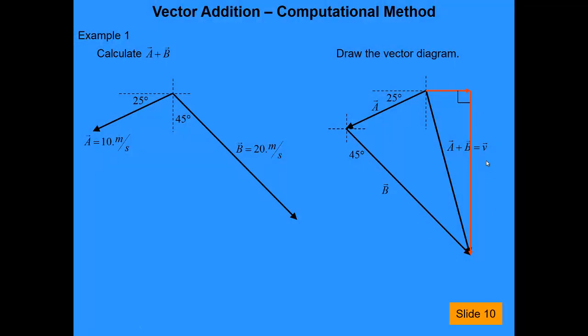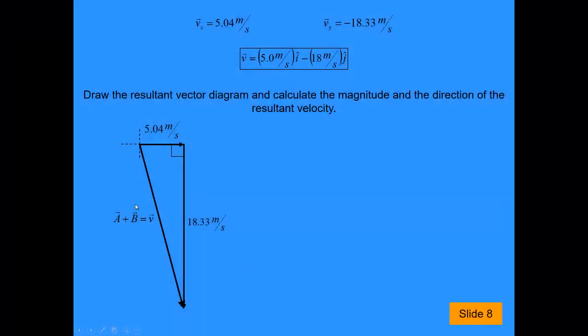Kind of like what quadrant we have and what the right triangle vector diagram should look like. So it's a good idea to draw it, right? And if you sketch it well, it should give you a good idea of what you're looking for in the end. But there's no substitute for actually breaking everything down in components, adding the x's, adding the y's, right? Redrawing your resultant vector diagram.